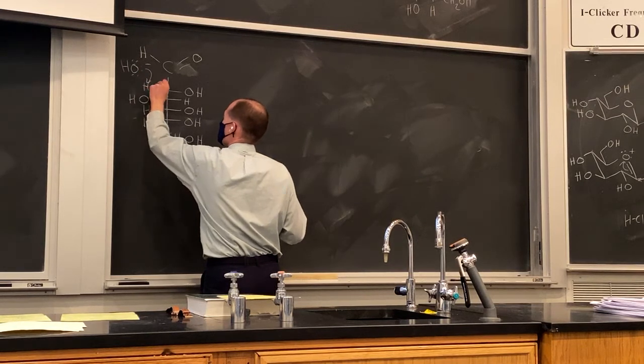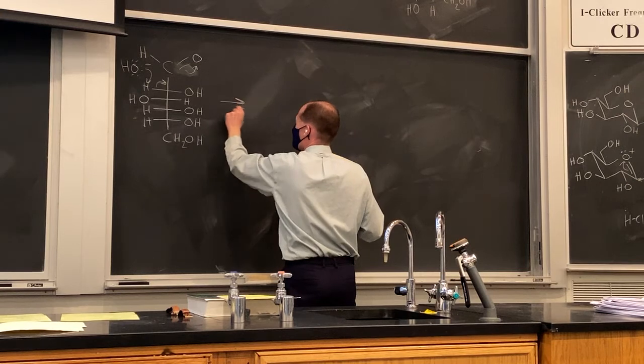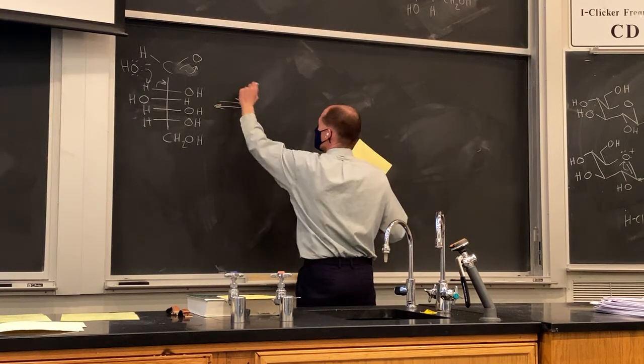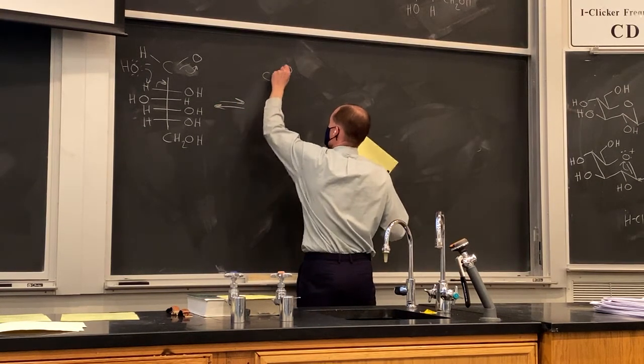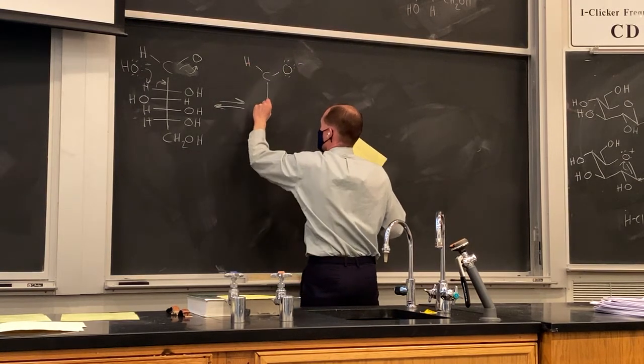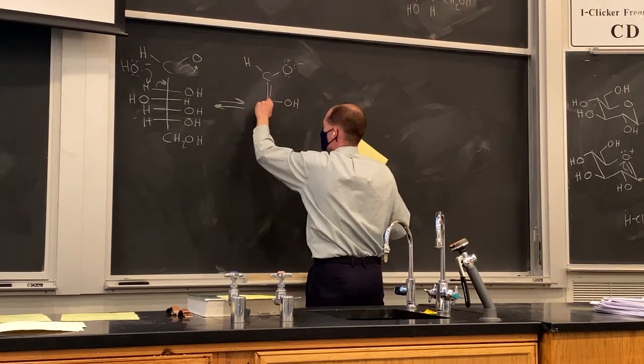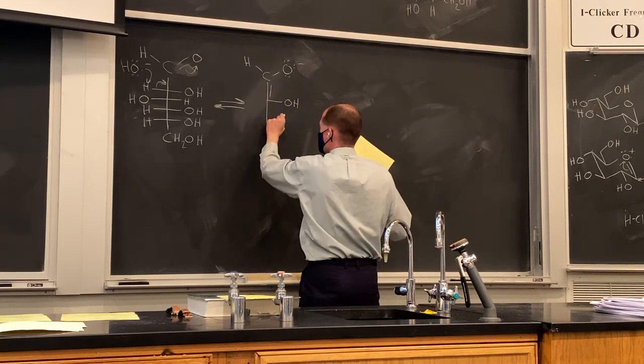We get an enolate. Okay, that's an alpha hydrogen. So we're going to form an enolate. Okay, this is what the enolate's going to look like in Fischer form.